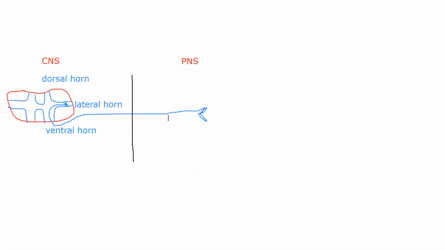And so the first fiber that goes from the spinal cord and out into the peripheral nervous system, we call this the preganglionic neuron. So we should already be familiar with that term. This is our preganglionic neuron. Okay, and preganglionic because this is before we get to the ganglia, okay?